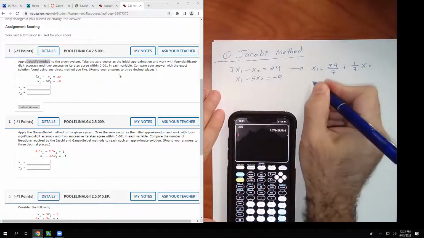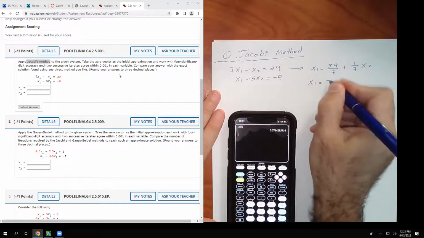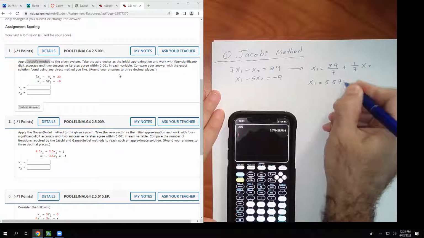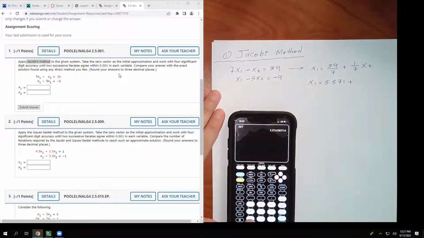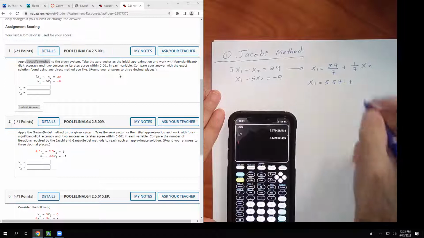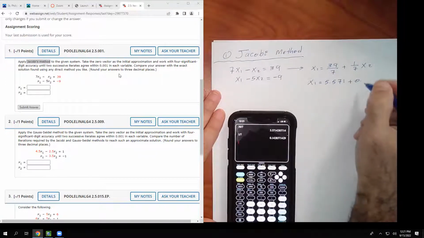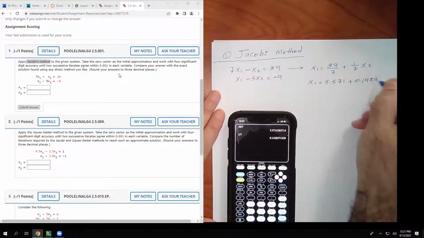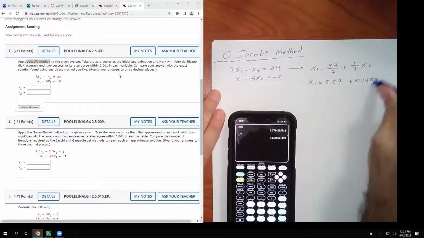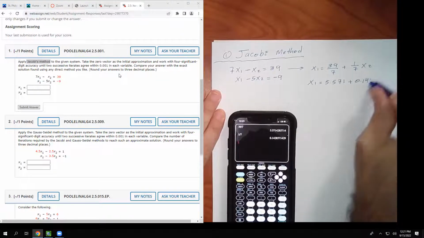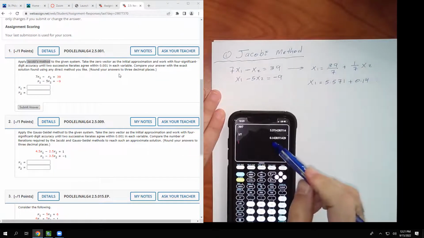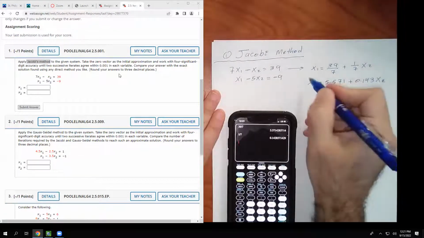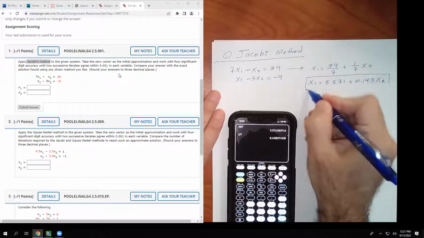So x1 equals 5.571 plus 1 divided by 7, which is 0.143 rounded to 3 decimal places, times x2.